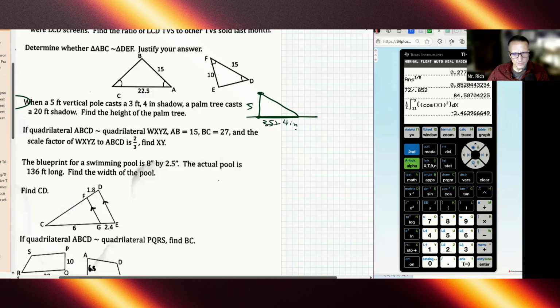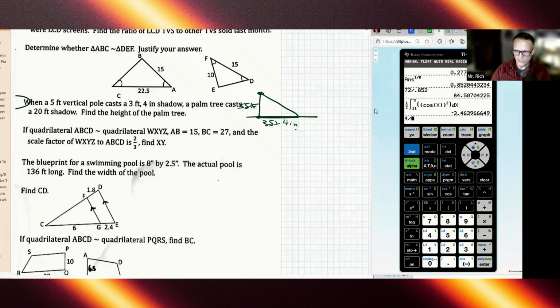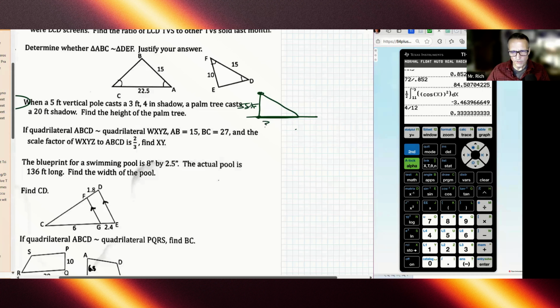I need to get everything into either feet or inches, so I'm going to get it in terms of feet. I know that 4 inches is 4/12 of a foot, which is 1/3. So this is 3 and 1/3 feet, which would be 3 feet 4 inches.